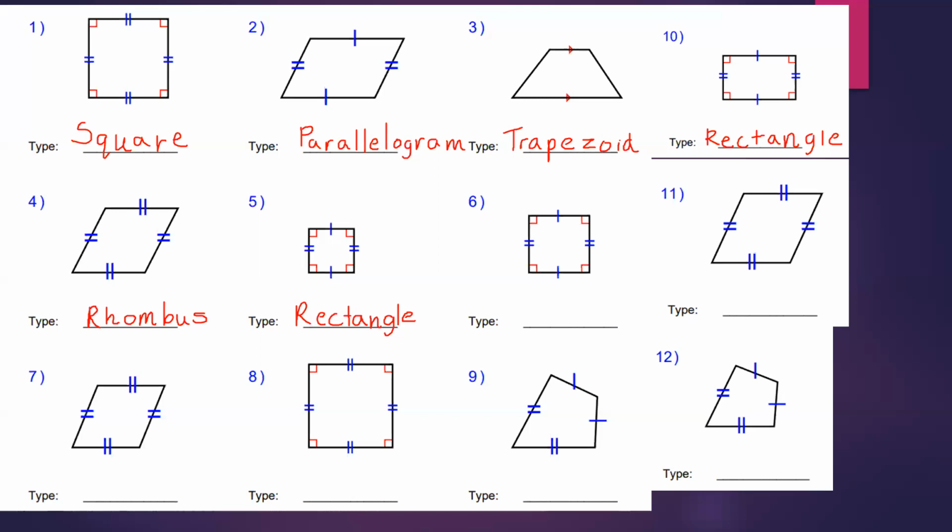Class, can y'all help them? Why is number 6 not a square? Because only 2 sides are equal to each other. Yes, and the other sides are equal to something else. Very good. So only this side and this side are equal to each other, and the other two sides are equal to each other. So that's how we know it's a rectangle.